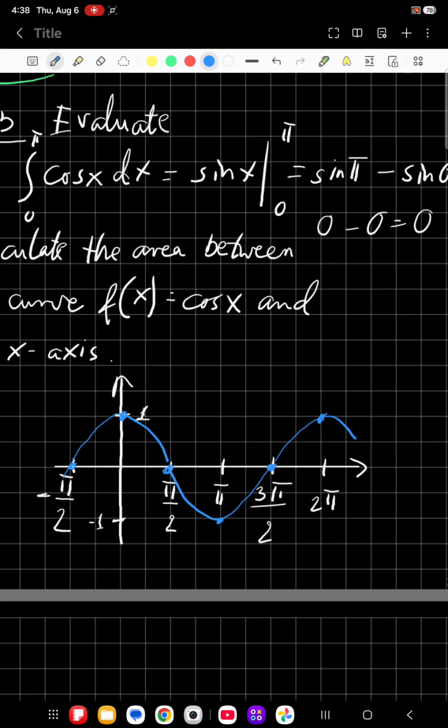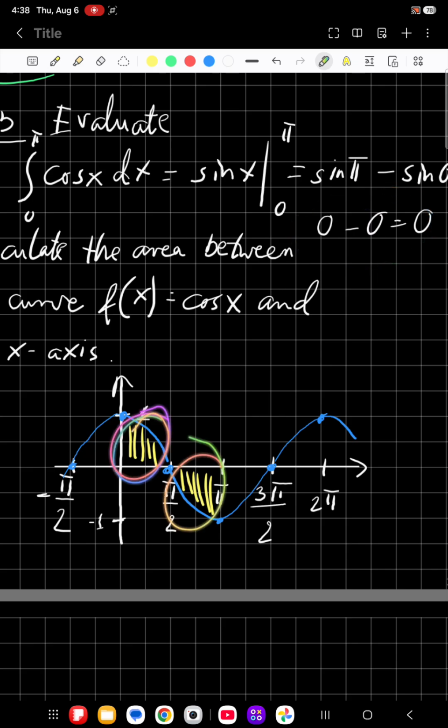Okay, so now we need to calculate the area between 0 and pi. So we're here, this and this. Now you see that the value of that integral is 0, because I'm basically subtracting this from that.